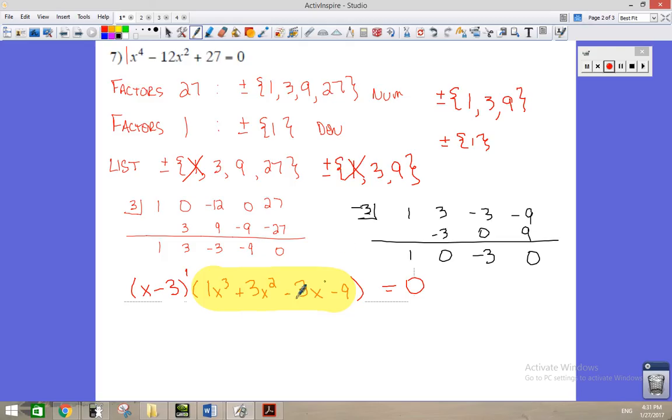Okay. So I'm working with this one that I've highlighted in yellow. Don't throw away my previous work of the x minus 3. Now I look at this -3 and I write it in factored form as x plus 3. And I look here, remember this started out x cubed, so I know this 1 is 1x squared. And then I've got 0x minus 3. So I've got it down to a quadratic, because when I get it down to a quadratic, I know that if I can't factor it, the quadratic formula could always solve it.